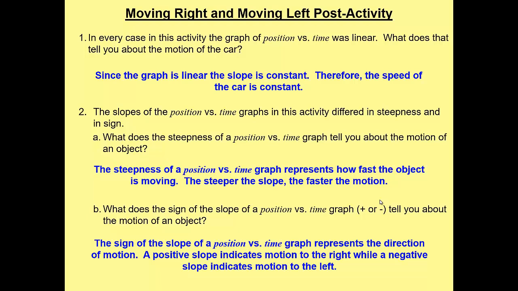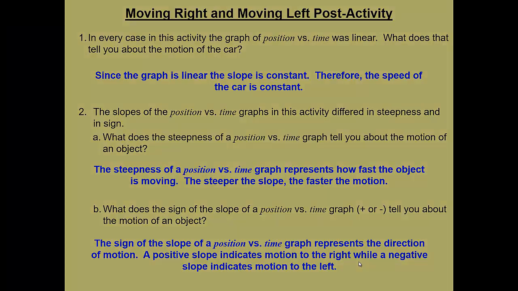And so notice here we're getting 2 pieces of information out of the slope of a position time graph. One tells you how fast it is by how steep it is, and the other gives you an idea of the direction it's moving by the sign. So that makes it a little different than speed. We're going to give a name to this after we finish up this summary page.